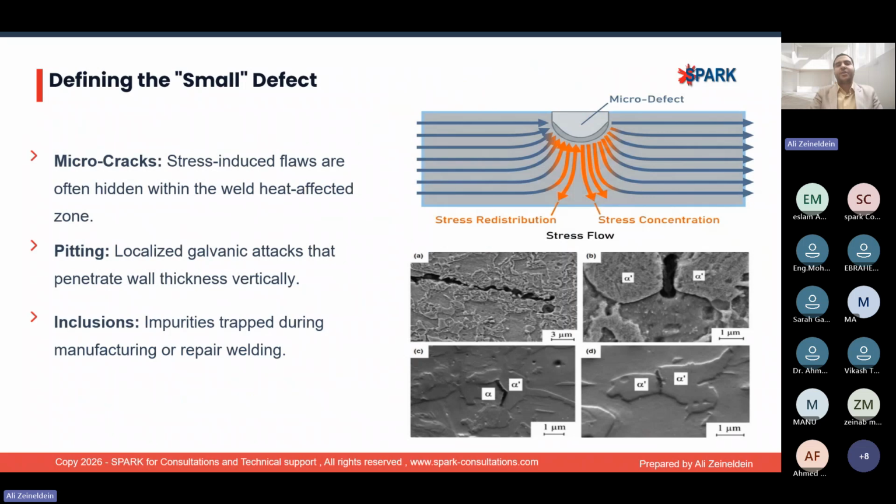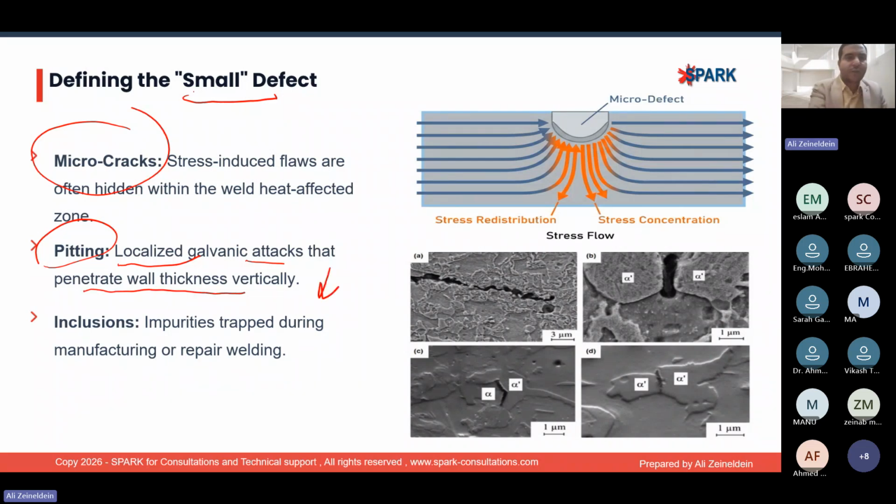Here is also a definition for some small defects. Small defects means some micro cracks that appeared due to different reasons, as we discussed in the previous slides. Also some shallow pitting or localized galvanic attack that penetrates the wall thickness vertically.